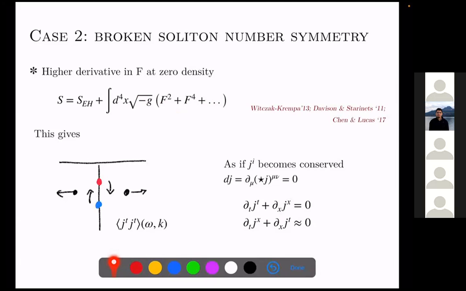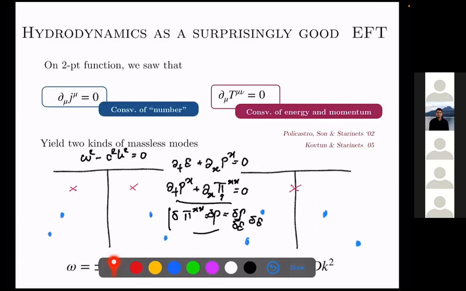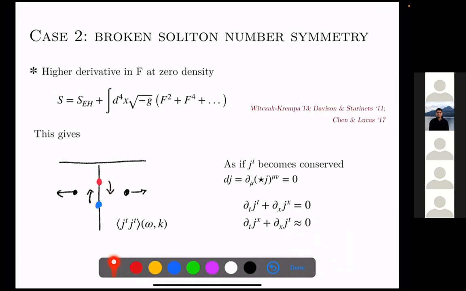So what actually happened here is that, unlike the previous one, where you start with the sound pole, you start with this picture. So you only have a diffusive pole, and there's no blue pole anywhere if you have only a Maxwell term.